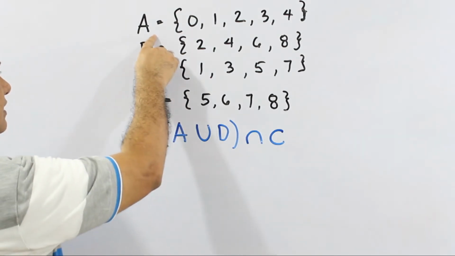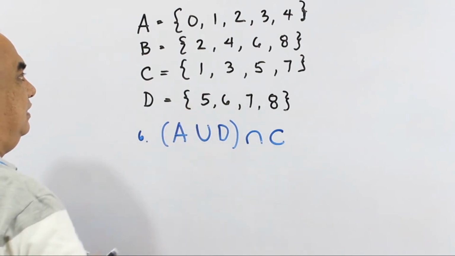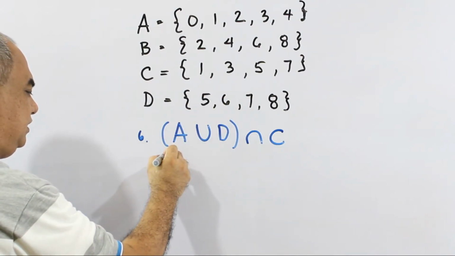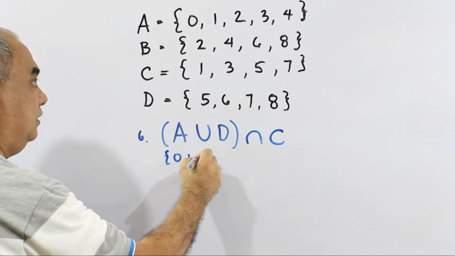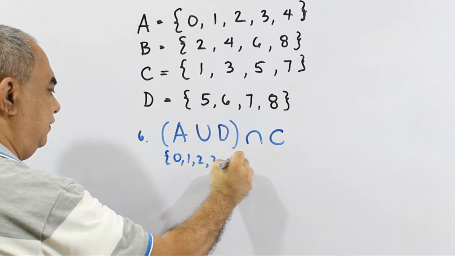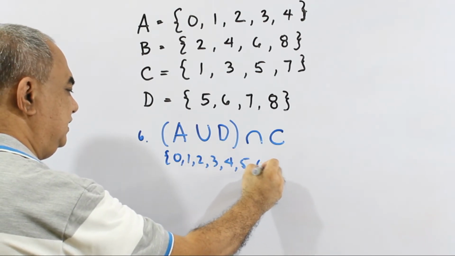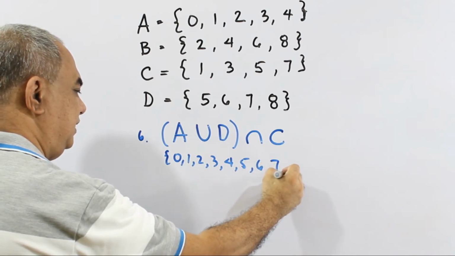So let's say this is your A union with D. The elements are 0, 1, 2, 3, 4, 5, 6, 7, and 8.